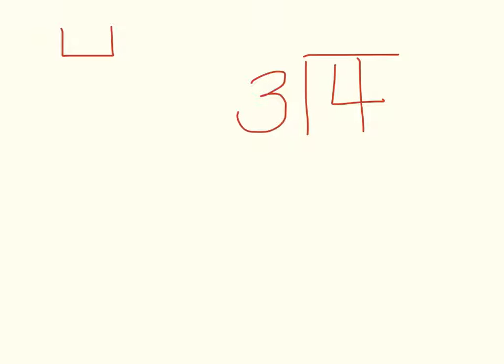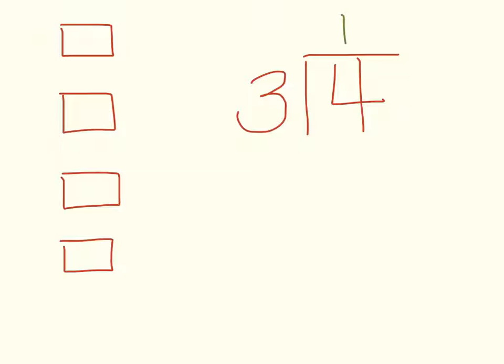I have 4 candy bars and I am splitting them with 3 friends. And so over here, give me again 4 little candy bars. 3, 4. Now, as a division problem, I would say 3 goes into 4 approximately 1 time. 1 times 3 is 3. 4 minus 3 is 1.